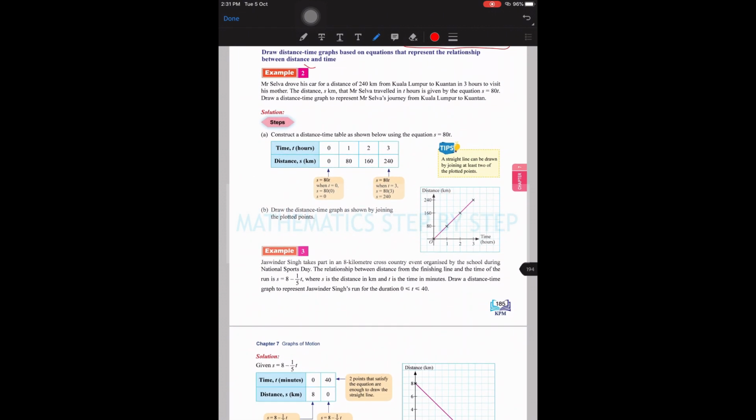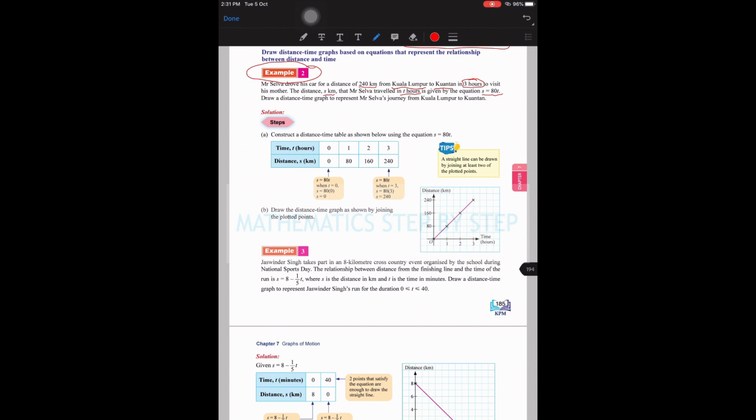So now let's go through this example 2 together. Mr. Selva drove his car for a distance of 240 km from Kuala Lumpur to Kuantan in 3 hours to visit his mother. The distance S kilometer that Mr. Selva traveled in T hours is given by the equation S equals 80t.